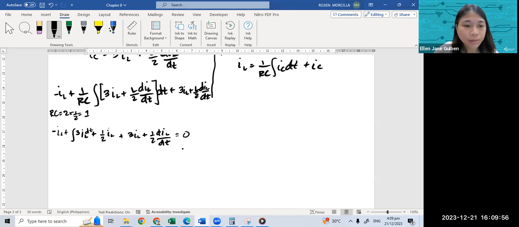We will combine like terms and then multiply with d over. So we have here 1/2 d square IL over dt square, this one, and we will have this.